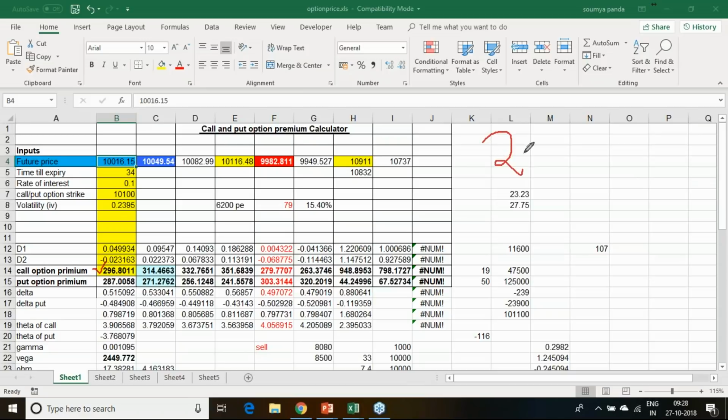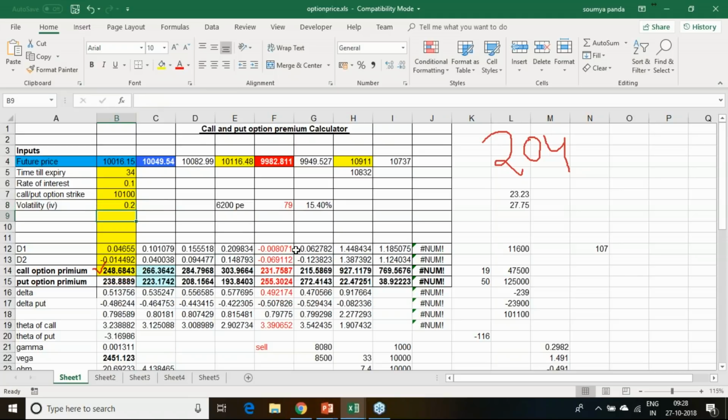But the actual call option is trading at 204 rupees. I cannot change the interest rate, strike, expiry, or the price of the Nifty. I can change only the volatility, the implied volatility part.